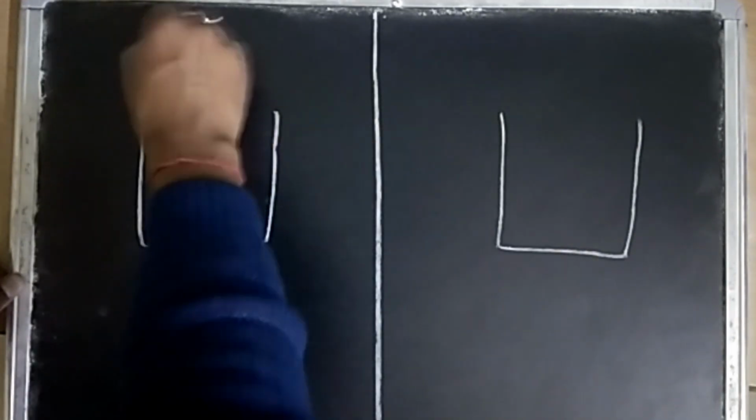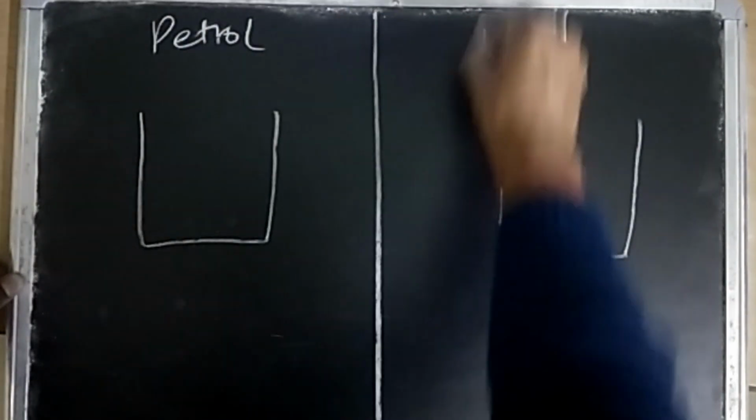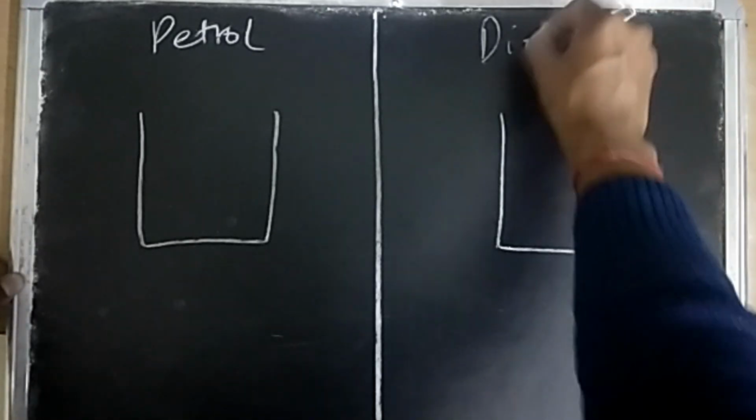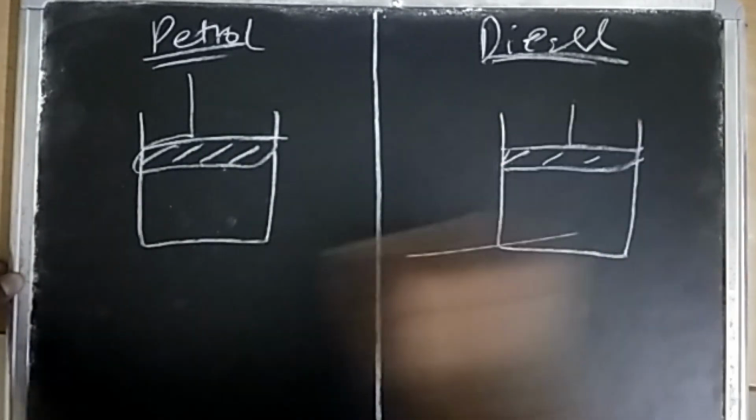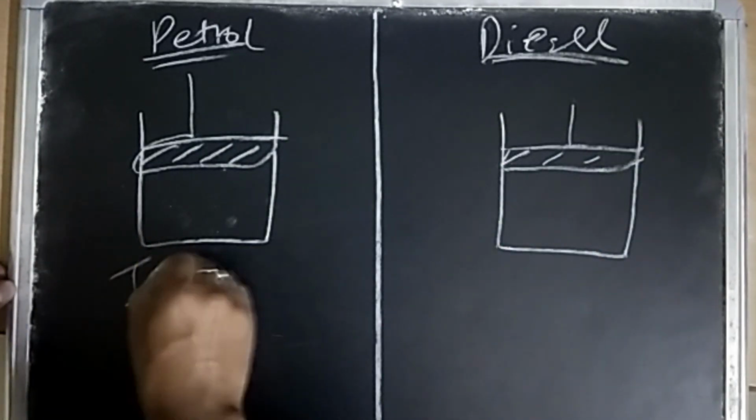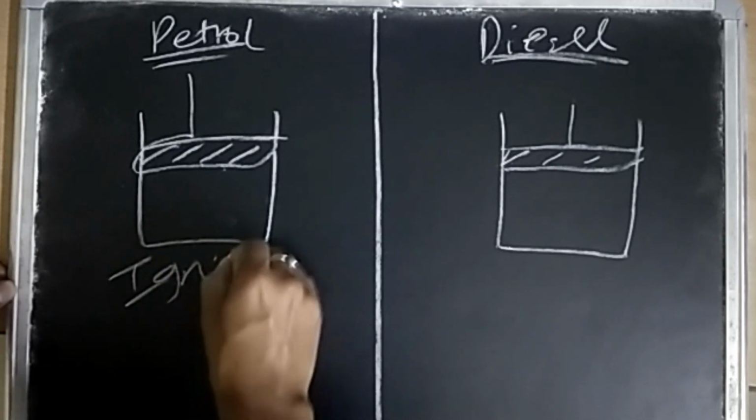Let's talk about two processes simultaneously. One is our petrol engine, and the other is our diesel engine. We have a piston in both of these. Petrol operates by ignition.